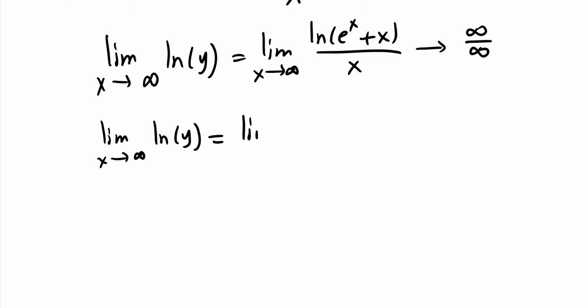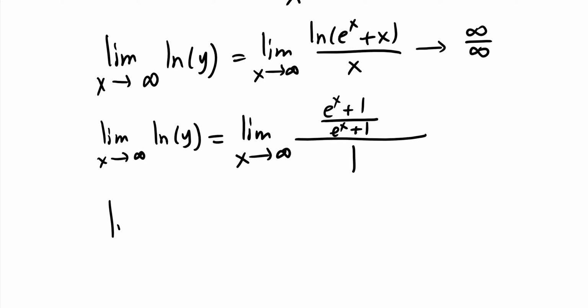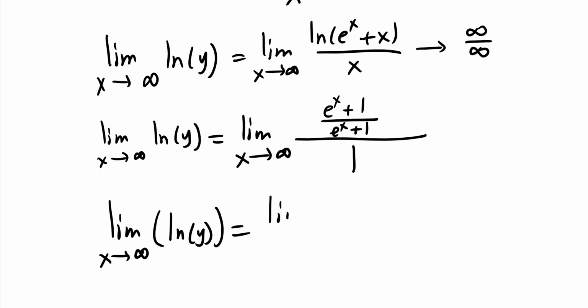We can use L'Hopital's rule on the right side. The derivative of ln of u is u prime over u, over the derivative of the bottom. So the limit as x goes to infinity of natural log of y equals the limit as x approaches infinity of... no, this is x.